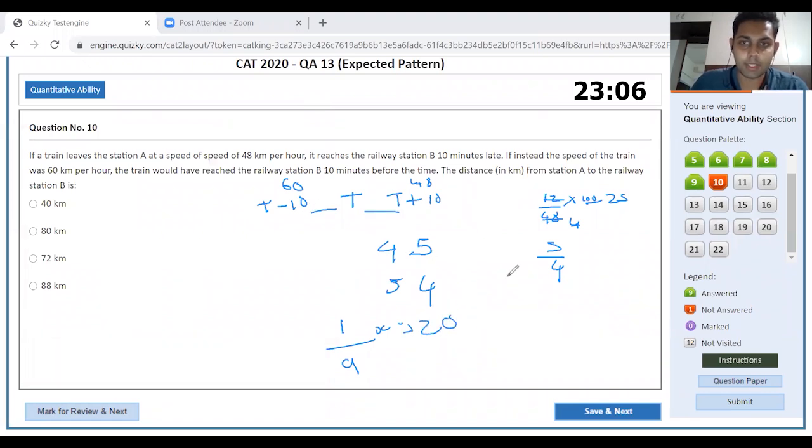So 20, so x is equal to 180, right? So if x is equal to 180, that would become approximately 190. Forty-eight into 190 divided by 60.